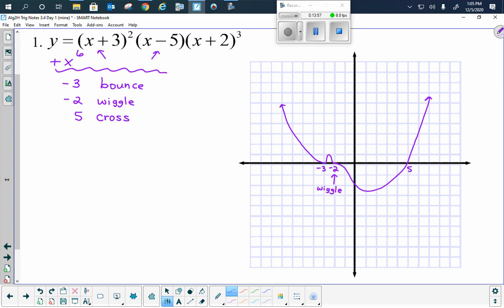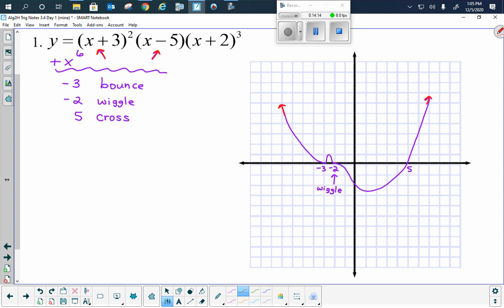Now let's go highlight the points and what we're talking about. At the start we decided this was a positive x to the 6th, so we knew the left arrow had to be going up. That's that part. I also knew the right arrow had to be going up. That's this part.